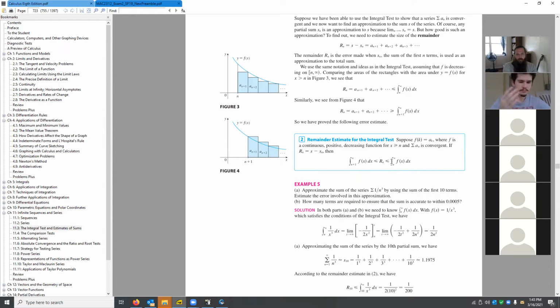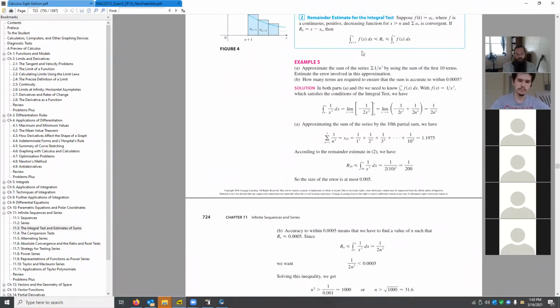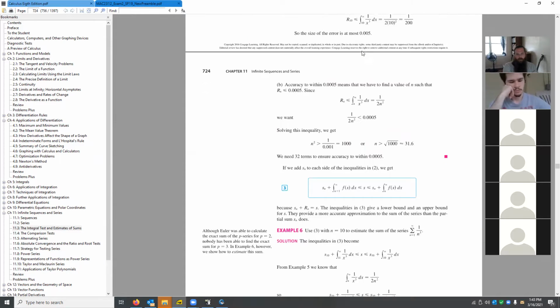It tells you that the integral from n to infinity of f of x dx is greater than your remainder, and the integral from n plus 1 to infinity of f of x is less than or equal to your remainder. Then you can say, okay, Sn I can compute, S is what I want, and this I can compute. So the piece I want can be solved for in terms of this relationship. And that gives us a way to approximate the series.